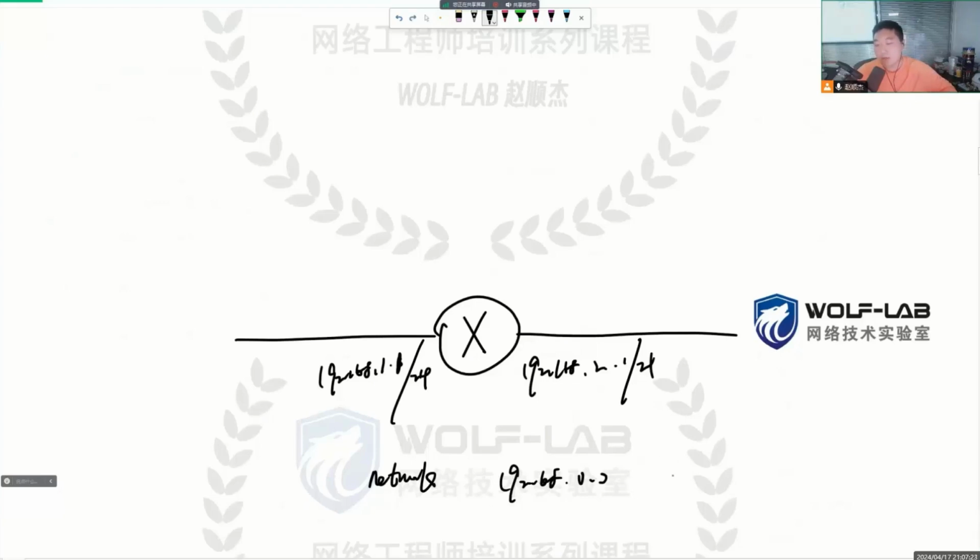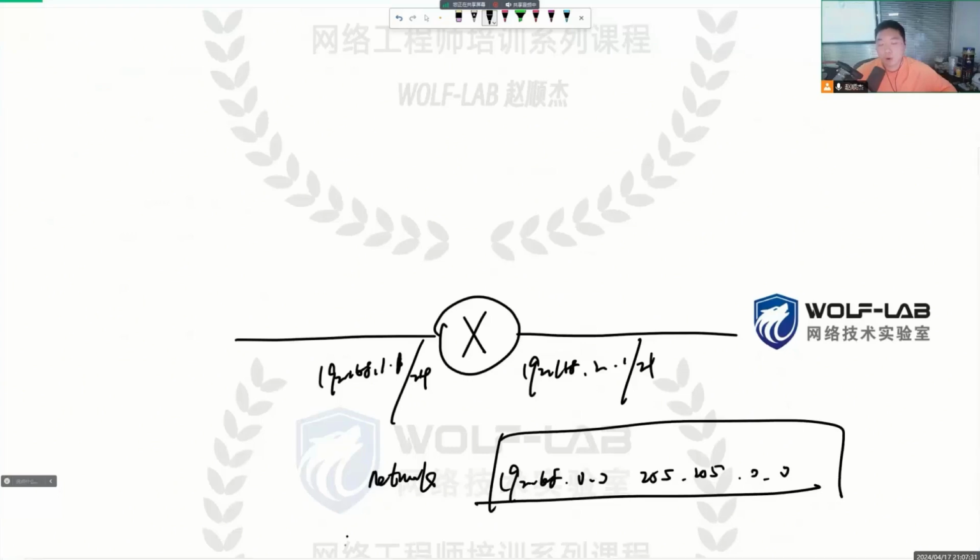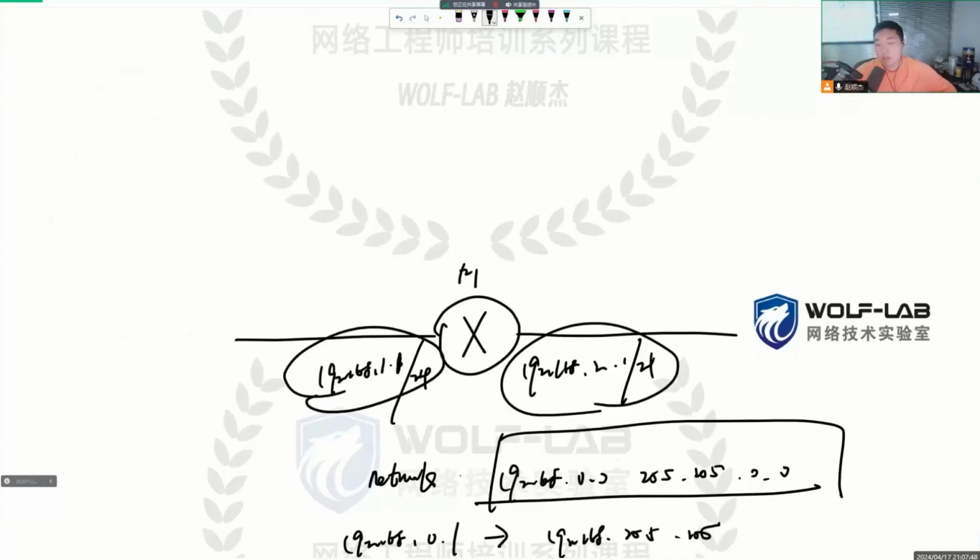So a network segment contains the host addresses from 192.168.0.1, all the way to 192.168.255.255. So on router R1, these two addresses can be included in this network. So using such a command line can activate my two interfaces.